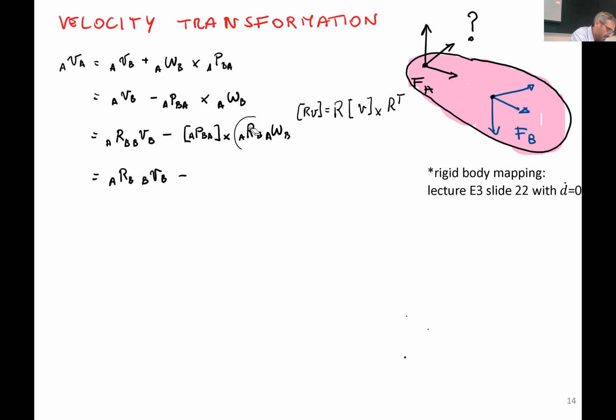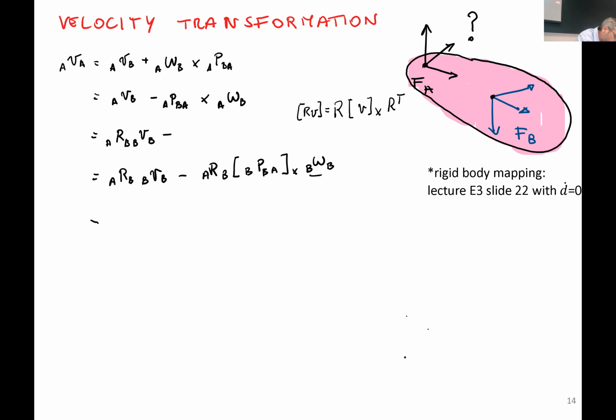By the way, the final result, if you apply this property, you get omega B in frame B. So if you apply that, you will get to here.